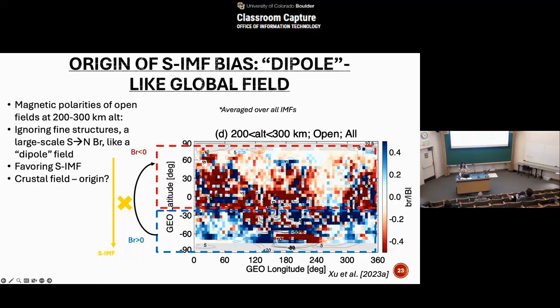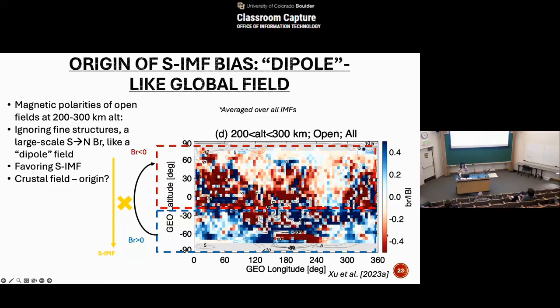So the source of this dipole-like global field is the crustal fields. This plot is the magnetic polarity at 200 to 300 kilometer altitude as a function of Mars latitude and longitude. And this is where the strong crustal fields are, as we saw many slides ago.